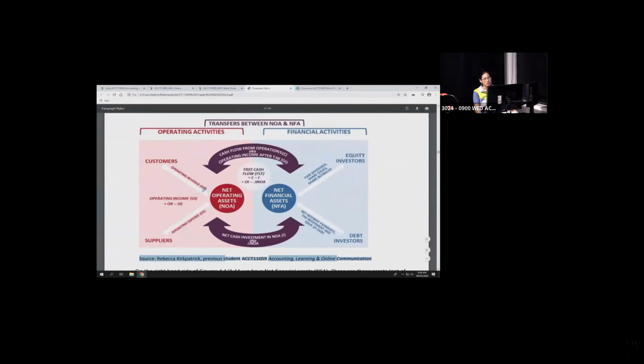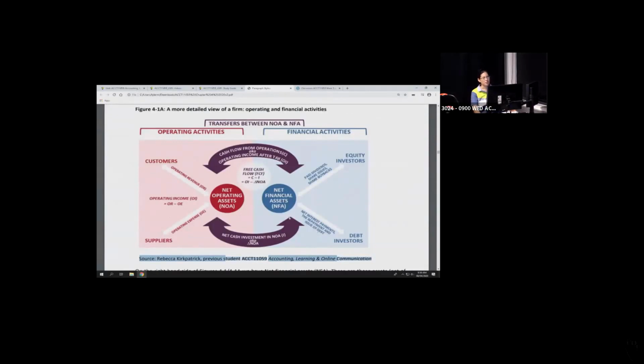And she's also used the acronyms that we use in our unit as well, which is good. And then on the financial activity side, you can see that she's again split it into the same equity and debt sources or funding for financing the entity, but she's also listed some examples as well, which again can help you when you are deciding whether to classify something as O and F.